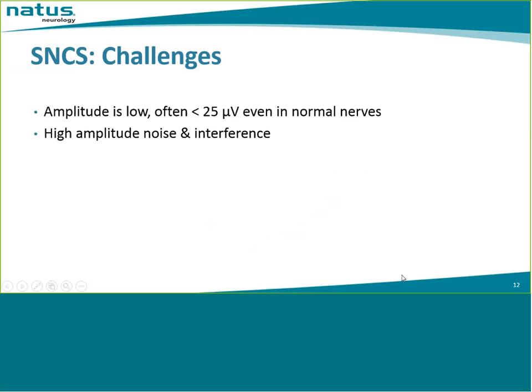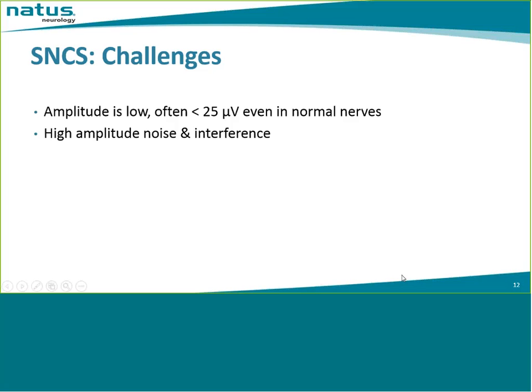Now this response is contaminated by high amplitude noise and interference. We get electromagnetic radiation from all the devices in our examination room, but also from devices that are outside, for example, radio or TV broadcast stations and so forth. That electromagnetic radiation can have very high voltage.